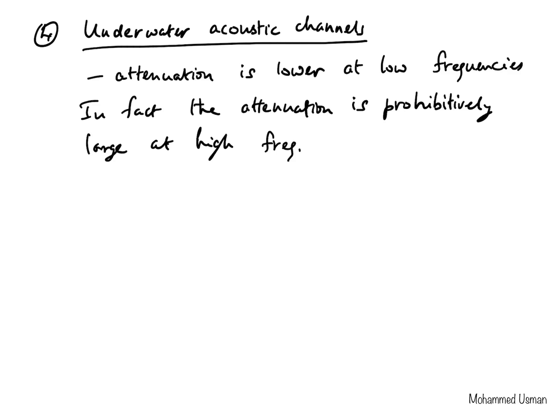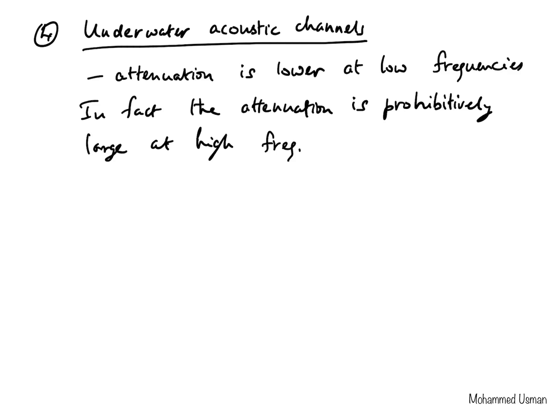Another aspect of underwater communication is that if the water is shallow, then it also has multipath propagation, because there could be a reflected path from the surface of the ocean, or from the bottom of the ocean. There will be a direct path propagating through the water, and there could be a reflected path which hits the bottom floor of the ocean or the water body, and then gets reflected from the bottom and comes back to the receiver, right?